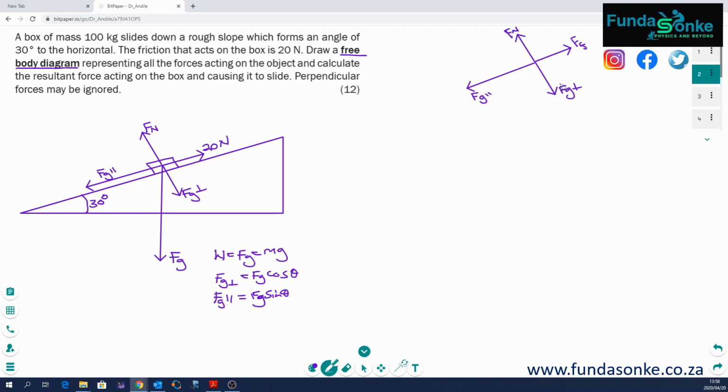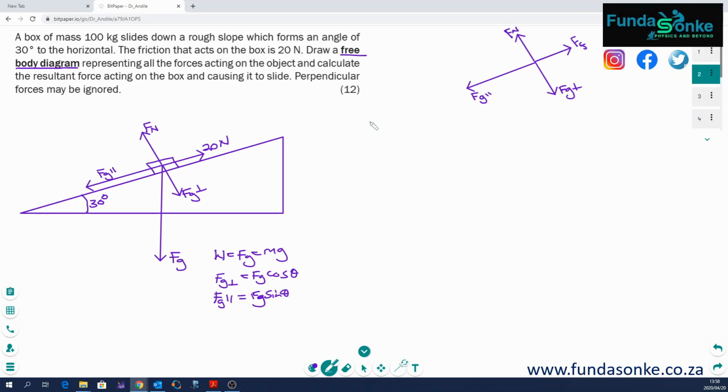Whereas our vertical components or perpendicular forces are in equilibrium. Therefore, you find that your normal force is equal to your Fg perpendicular. Hence, the length of the two arrows representing the normal force and Fg perpendicular will be equal. So this is how your free body diagram looks like.